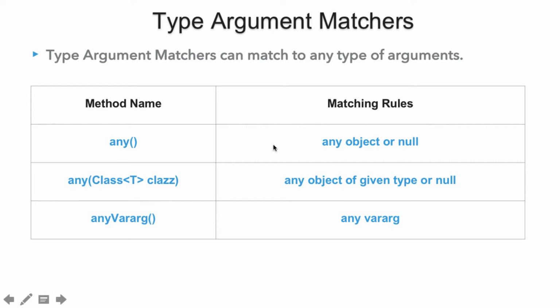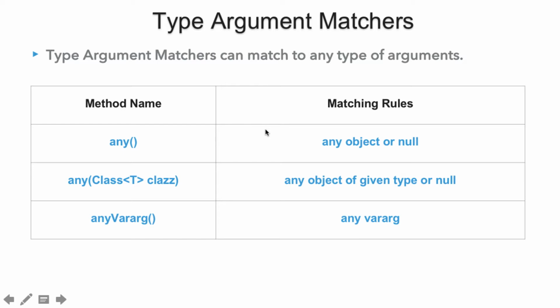So let's say we are performing behavior verification. Let's take an example where we are doing verify. We are calling bookRepository.save and telling Mockito that a save should be called with a book. Book is a Java class by name Book, so we need to provide the exact book there.